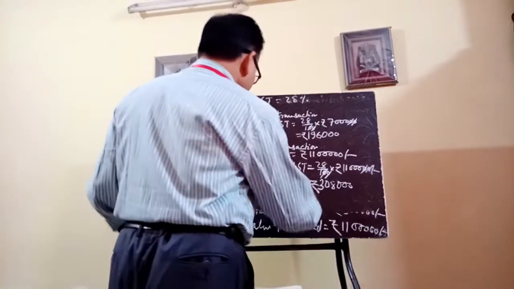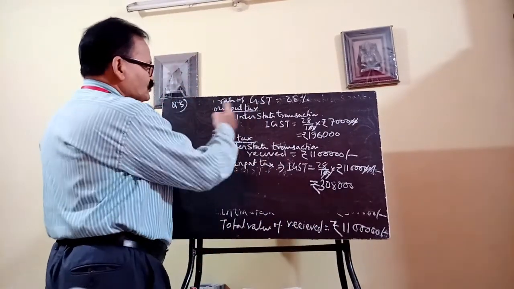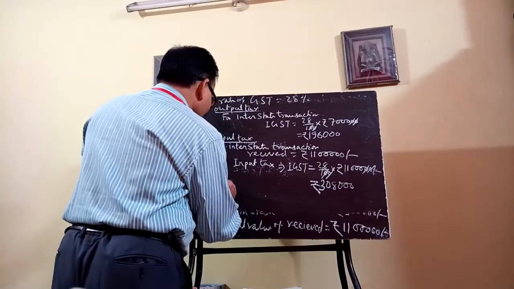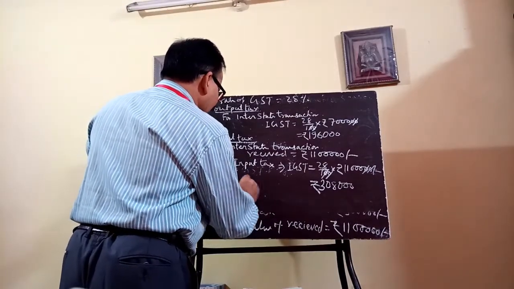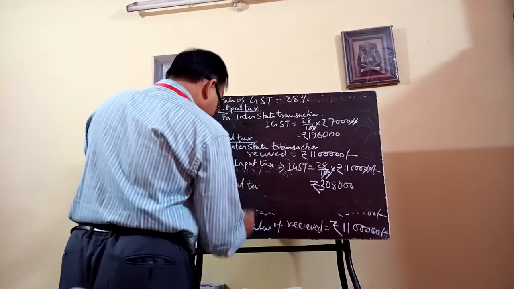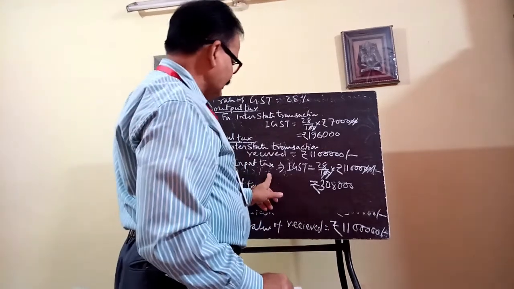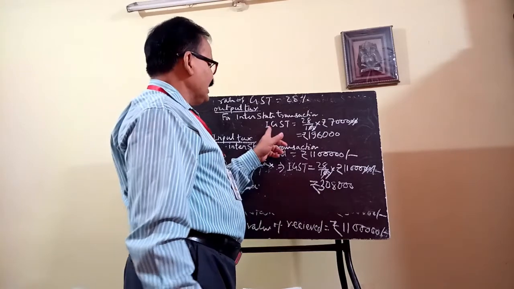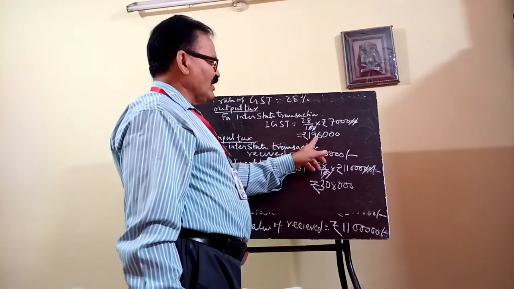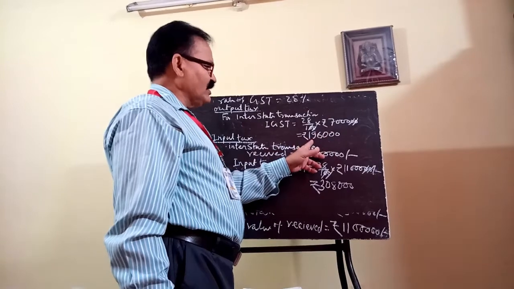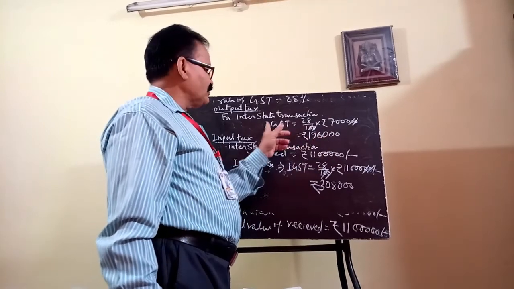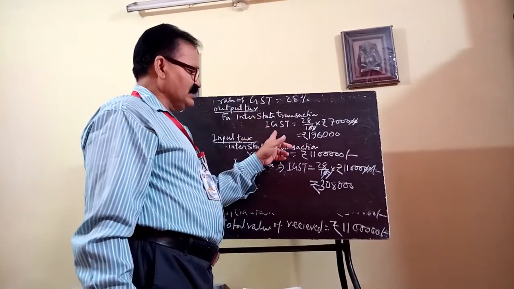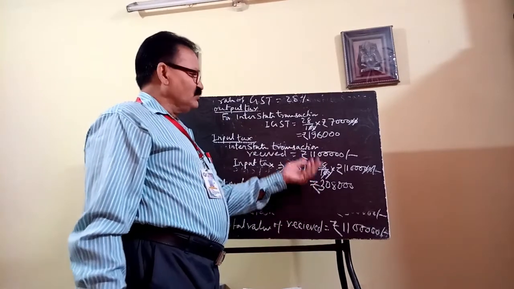So you see the input tax for IGST is 3,08,000 and the output IGST is 1,96,000. So the input tax is much more than this.